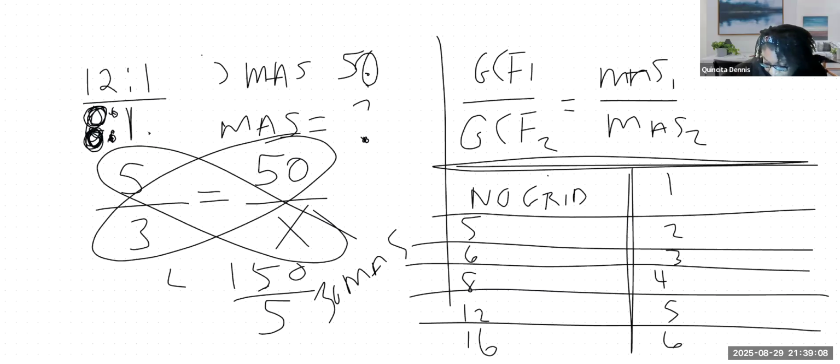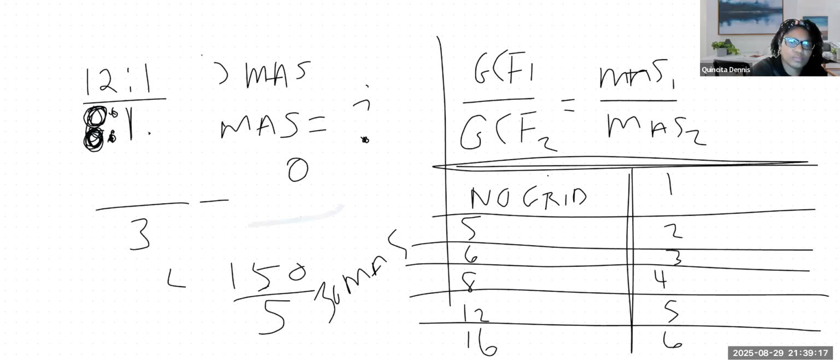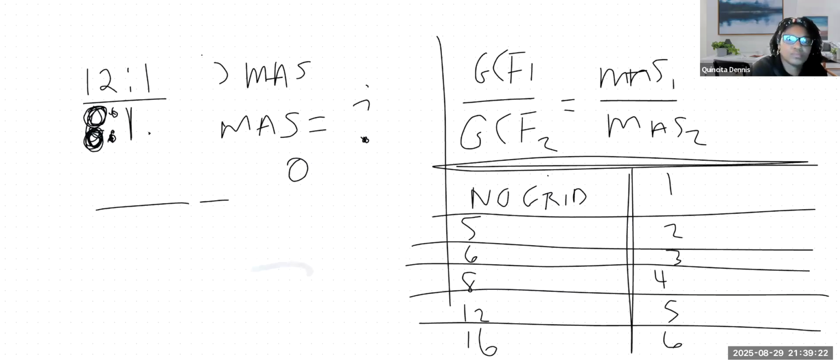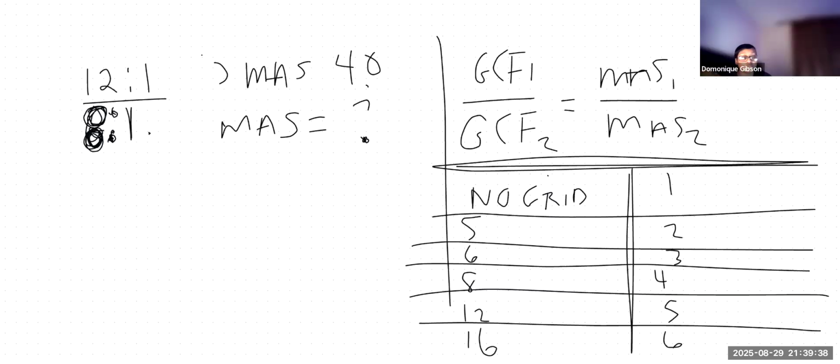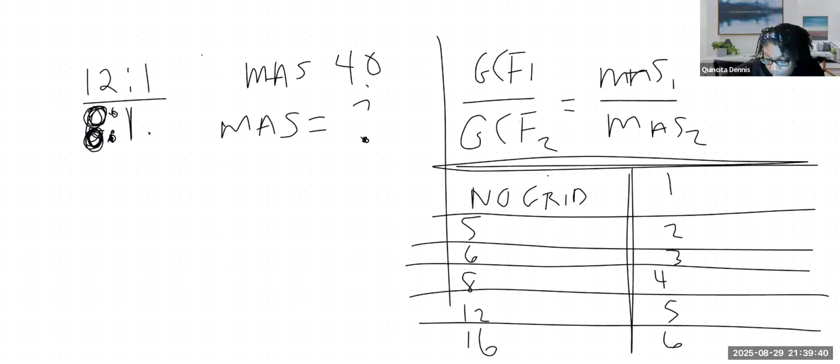My initial mass is 40. And what should the new mass be? We're going from 12 to 1 to 8 to 1. So should the mass be higher or lower? Lower. Okay, so let me know what you get.